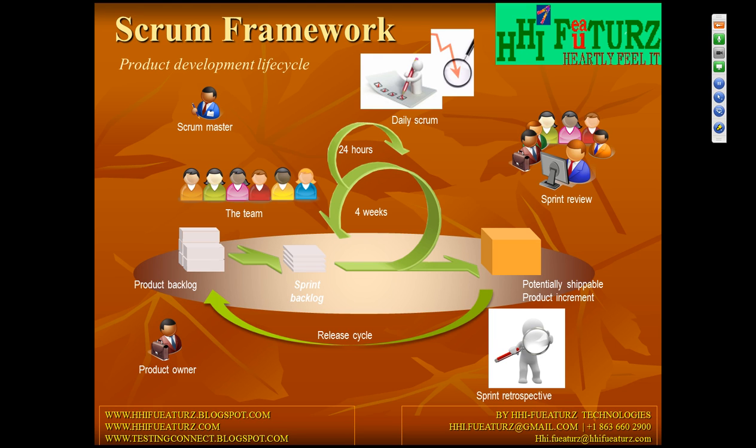Whatever index or number they want, they can give for each and every backlog item. For the sprints, as usual, the names come up like sprint 1, sprint 2, sprint 3, sprint 4. Normally only sprint 1, sprint 2, sprint 3, sprint 4 they come up with.